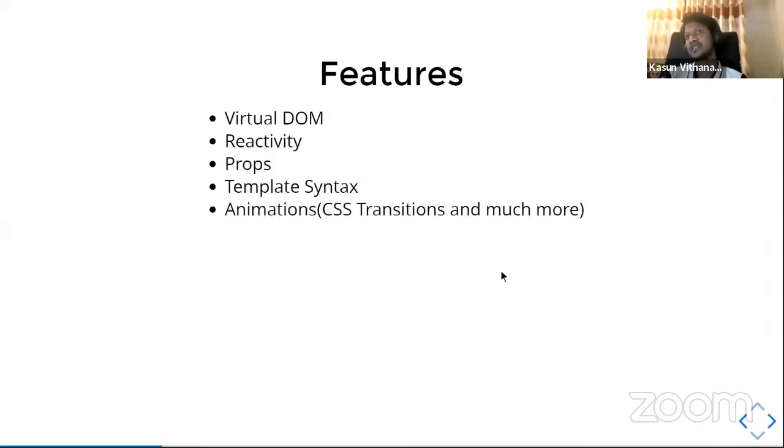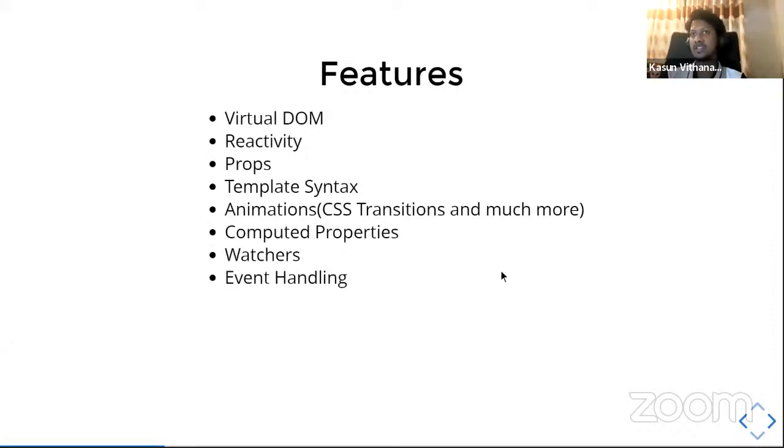Also, Vue.js has animations. So if you want to animate things within the framework, Vue.js supports that as well. And it has a thing called computed properties. I will explain that. And watchers. And it has a very nice way of event handling and TypeScript support. If you are a fan of Angular or React, you might already be using TypeScript.